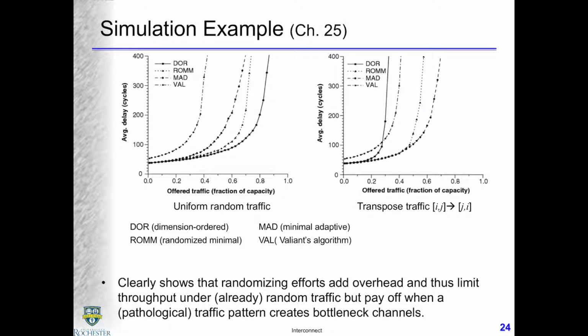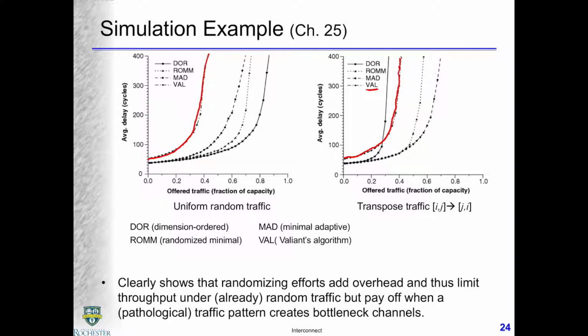Let's think about Valiant, which is a little bit hard to see. It should be this one with a little dot with a dashed line. So it's this one over here. That's Valiant on the right hand side, and this one on the left hand side.